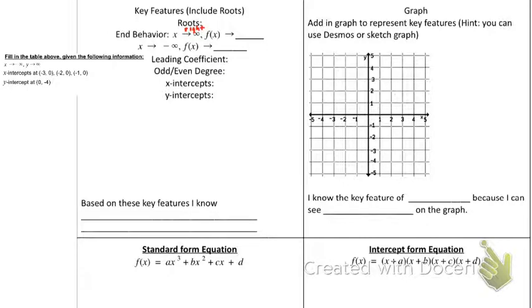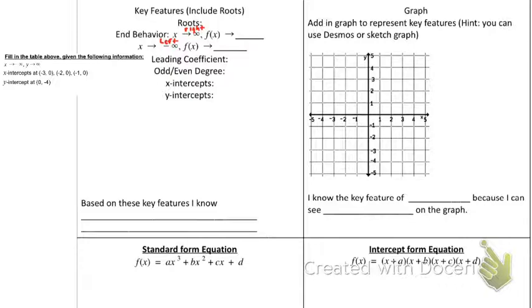So we don't have an equation yet, so we really don't know our leading coefficient until we answer these guys down here, okay? All right, so we'll see if we can piece all this stuff together to figure out our leading coefficient. So now we want to know what's happening on the left side, because it's negative infinity here on the x-axis. So this is the left side of our graph.